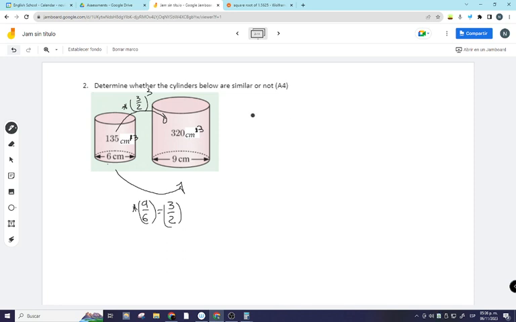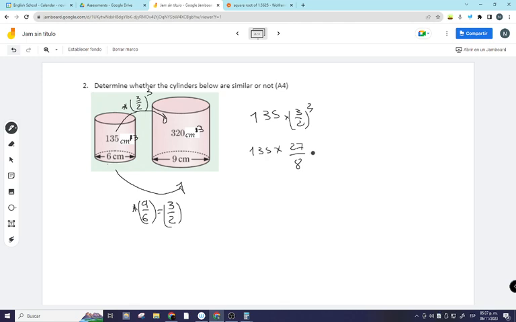So 135 multiplied by 3/2 cubed. Then this should be 135 multiplied by 3 times 3 times 3, that's 27, and 2 times 2 times 2, that's 8.